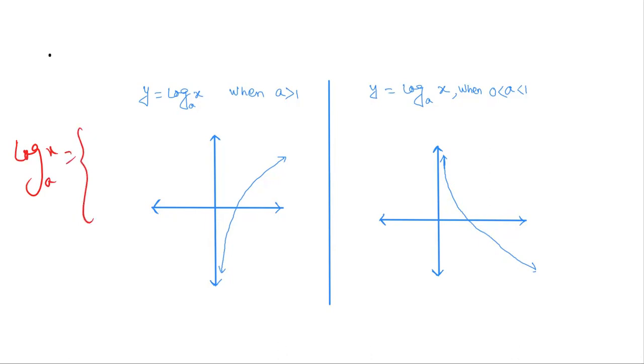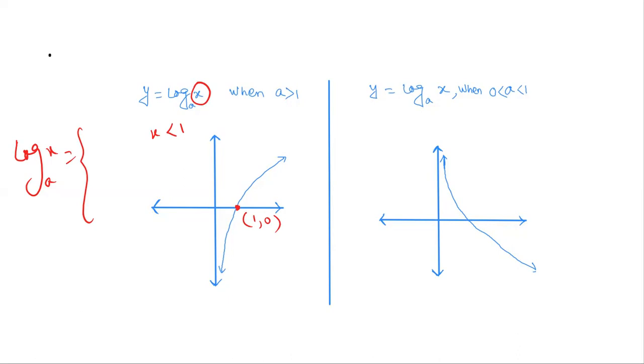It is very obvious that x should be always greater than 0, correct? Now let's say x is less than 1, because we know graph will cut here at 1 comma 0, because log 1 is 0, so the graph will cut the x-axis at 1, 0.